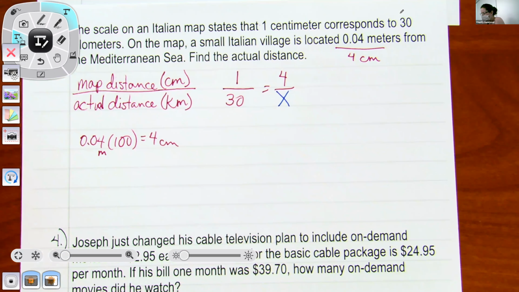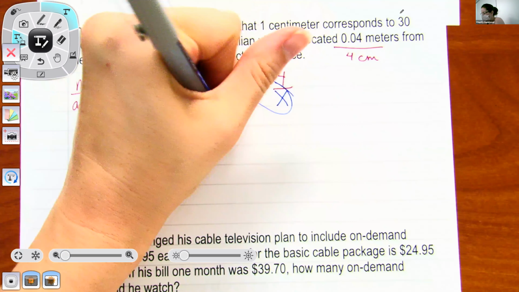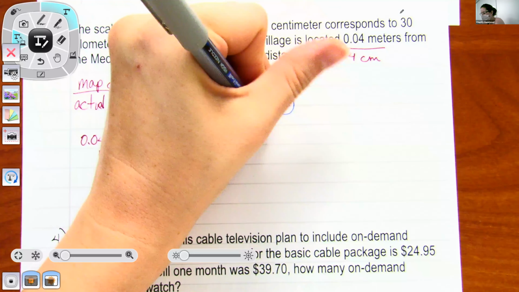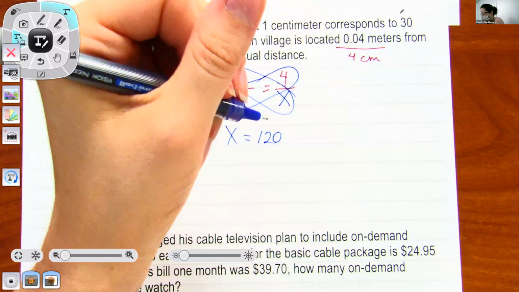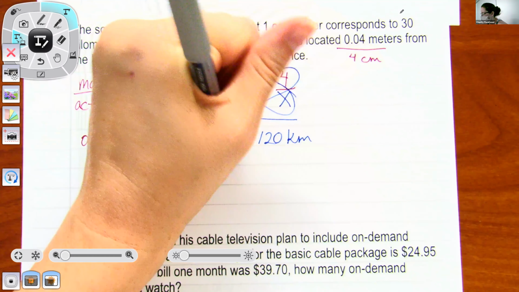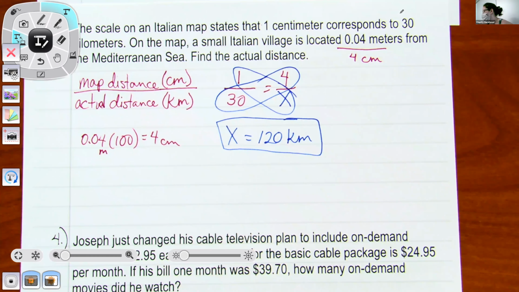So 1 times X is just X. And then 30 times 4 would be 120. So that's 120 kilometers. Okay, so on the map, you can measure that it's 4 centimeters away from the sea, which means in reality, it's 120 kilometers away from the sea.